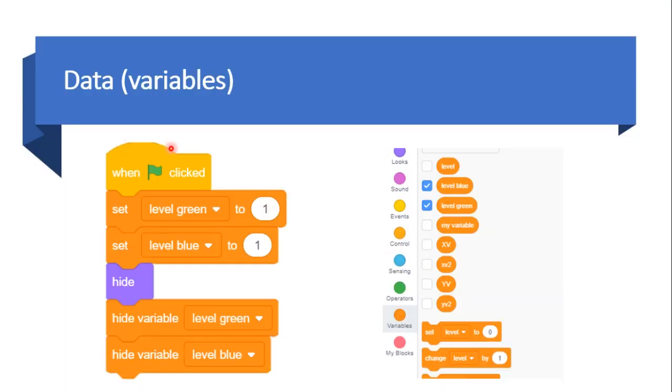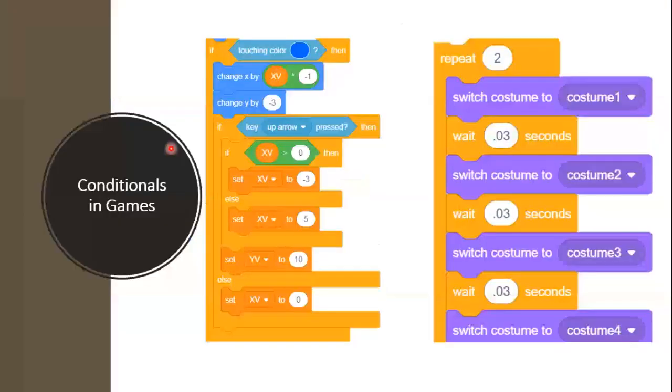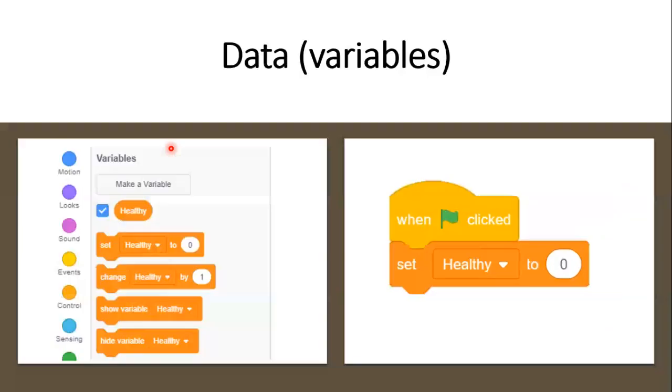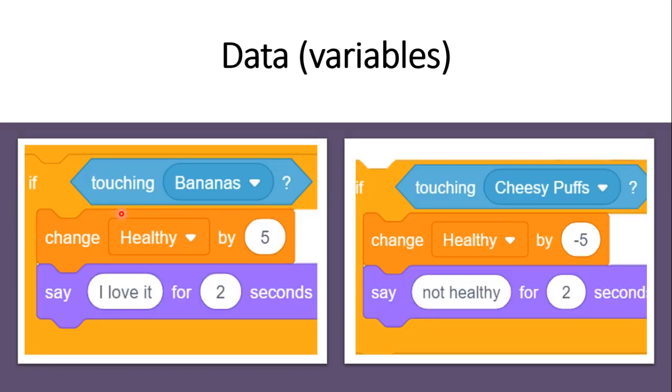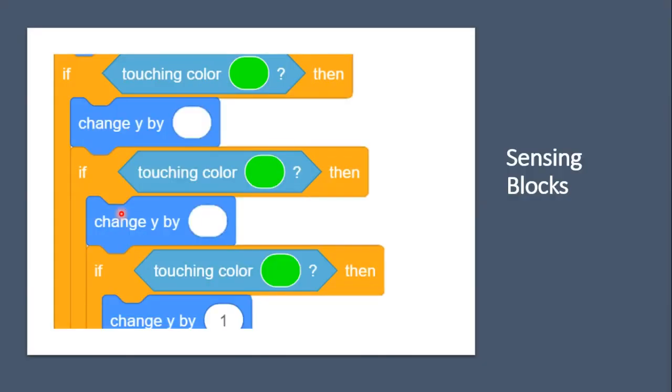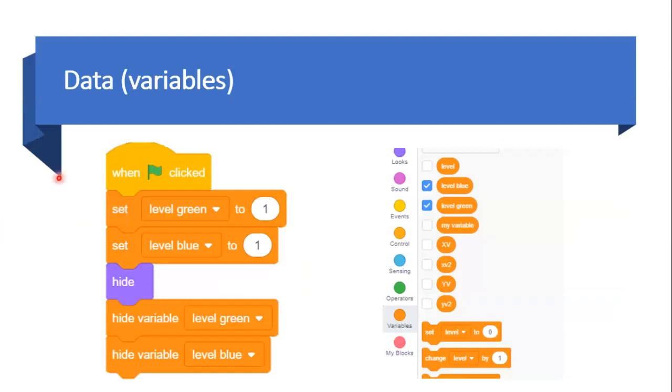Then yesterday we only looked at one variable. So we had a variable which was about our health. So this is the variable that we were able to create. But in the multiplayer game, we have more variables where we have the levels in different color because we have two players, so one in blue and the other one in green.